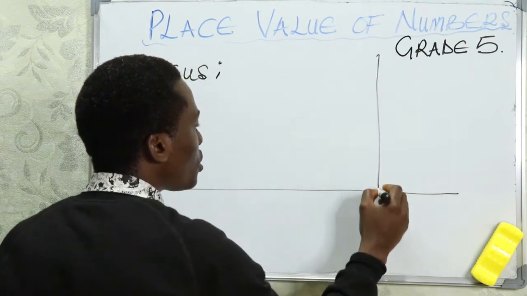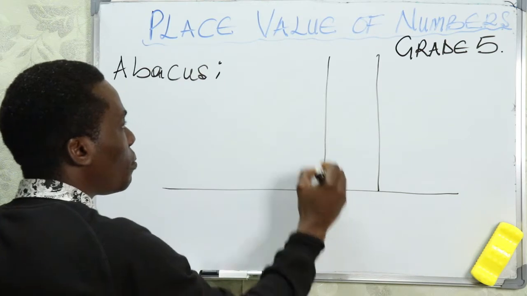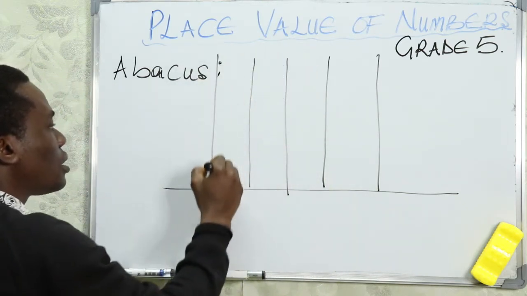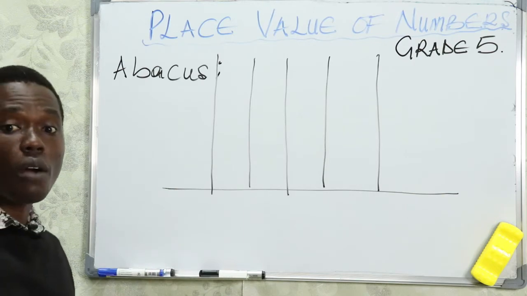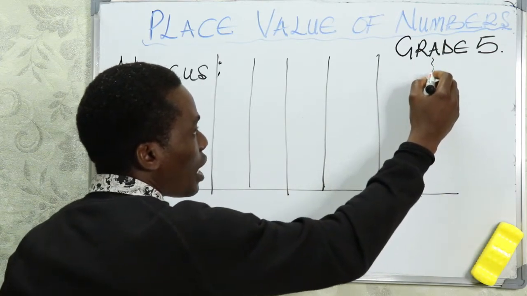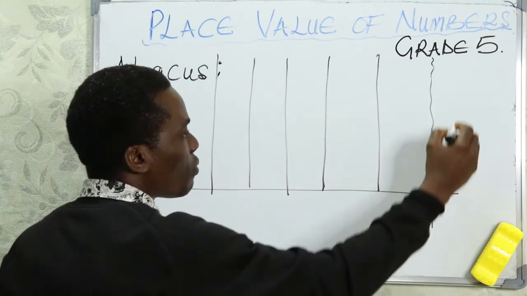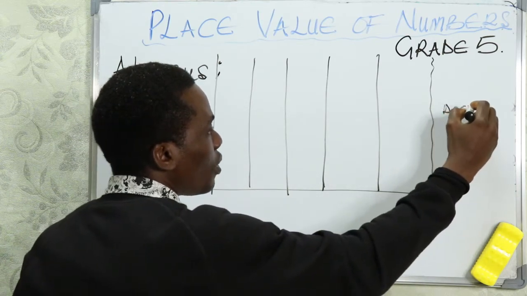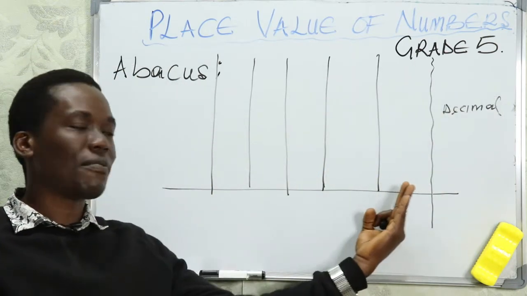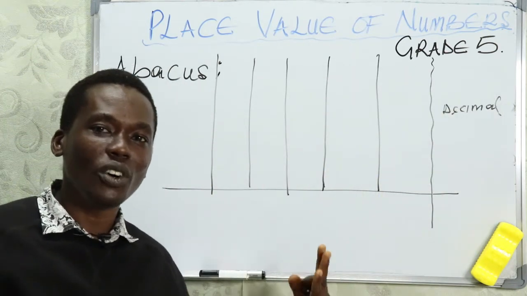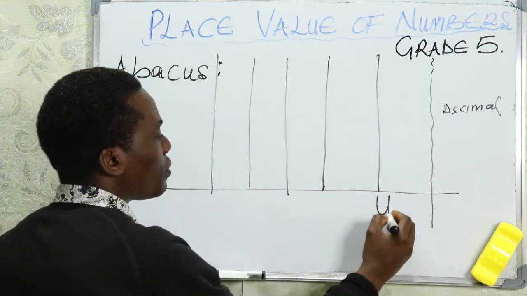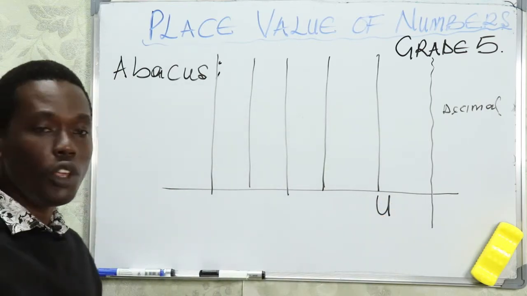The abacus is just like this, where you have numbers in their various categories. Numbers outside this place will be for the decimal numbers. We'll talk about that, but this time around let's consider first numbers that are not decimal. This point we'll take for the numbers in units.